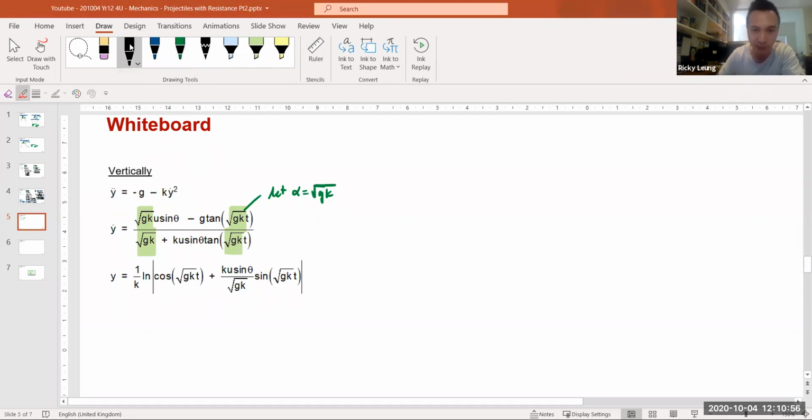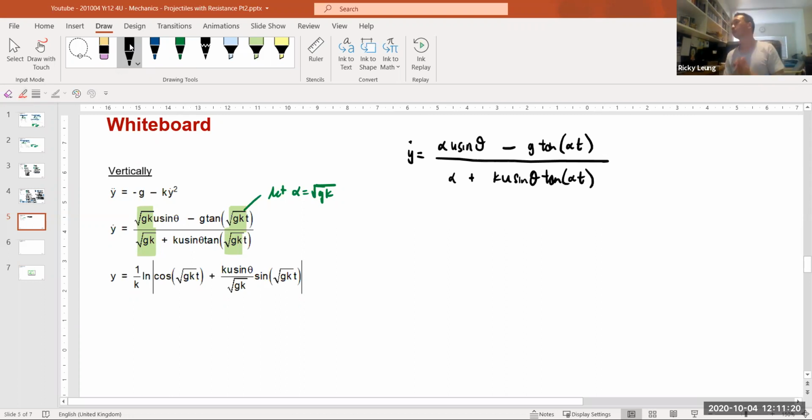So once you do that, you get y dot equals alpha times u sine theta minus g tan alpha t, all over alpha plus ku sine theta tan alpha t. All right. Here we go.